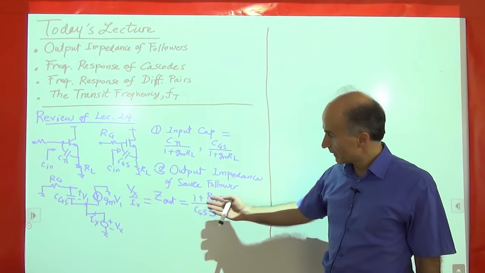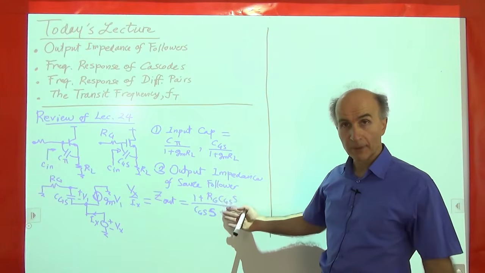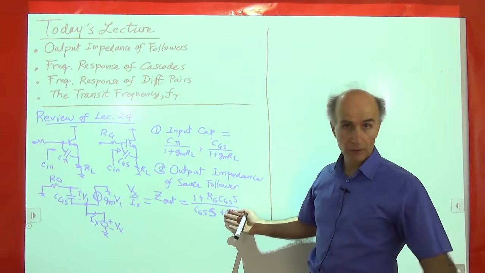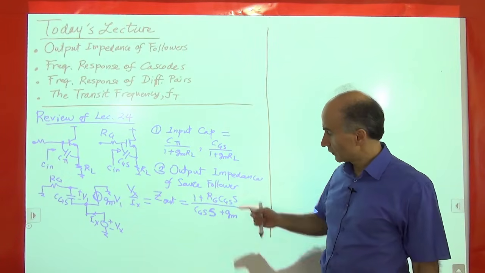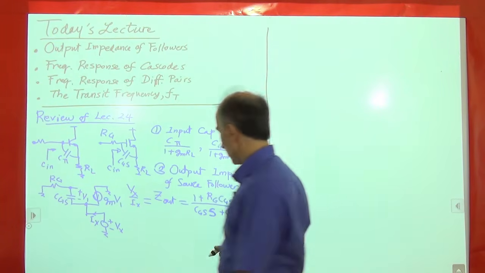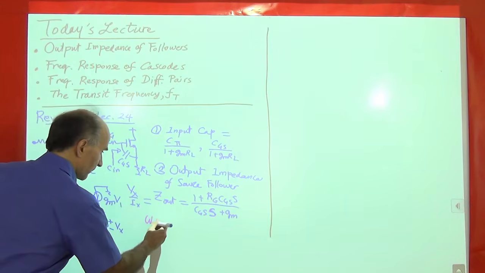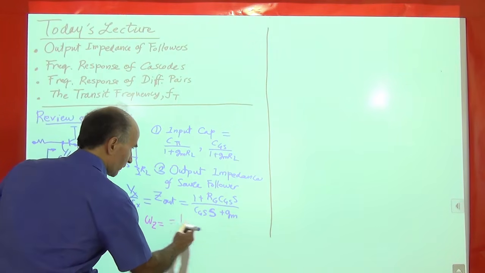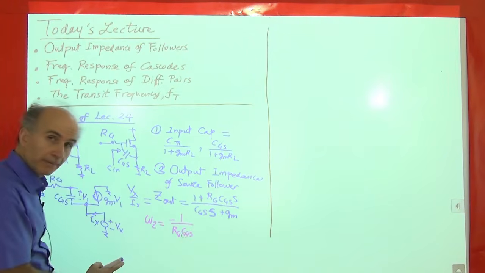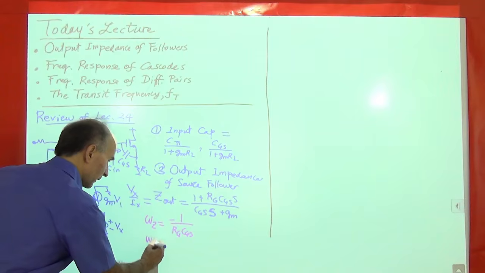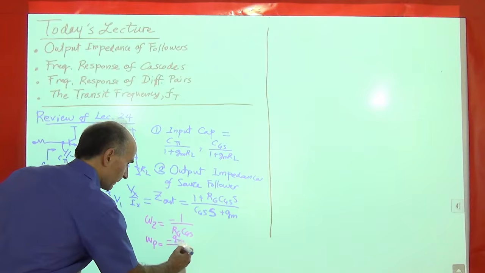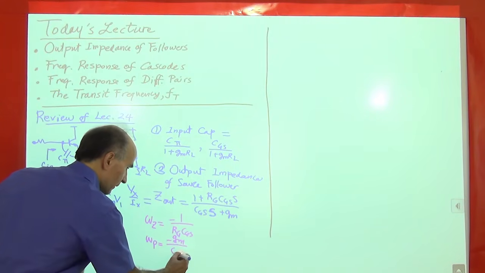Okay, well, this is a complex number, so we can plot its magnitude as a function of frequency, just the way we did it for transfer functions. So what I need to do is just find the zero and the pole frequencies and then use Bode's rules. All right, so the zero is given by minus 1 over RG CGS, by setting this to 0. And the pole is given by minus GM over CGS.